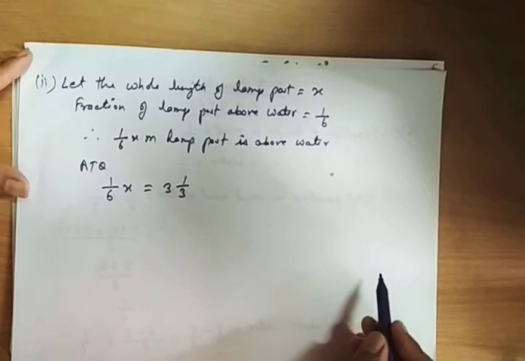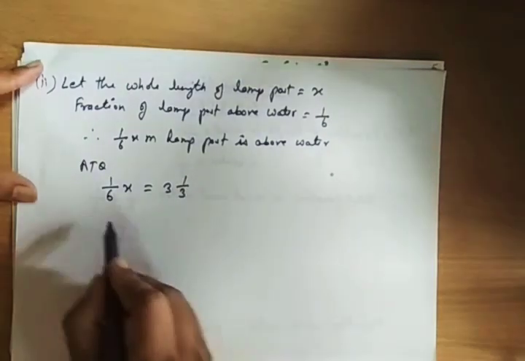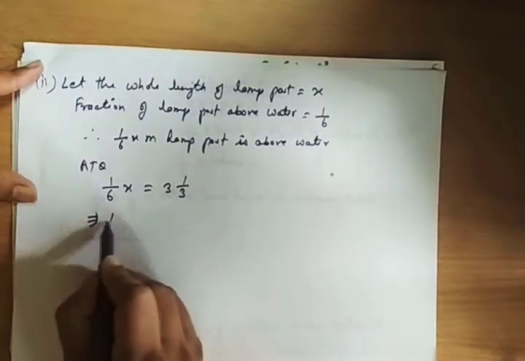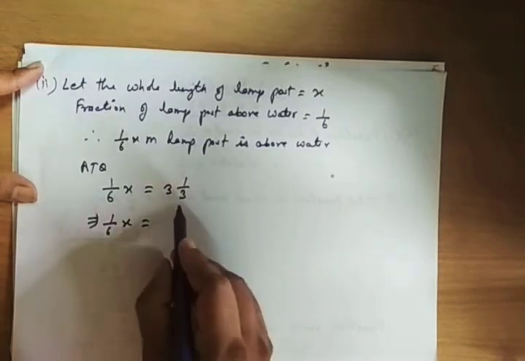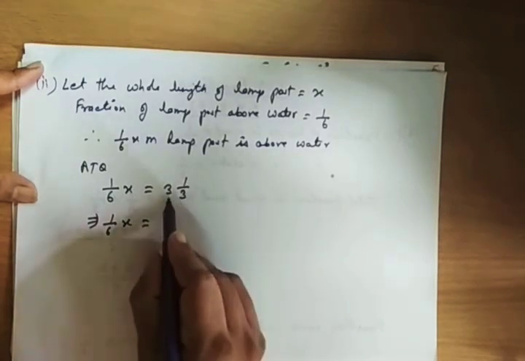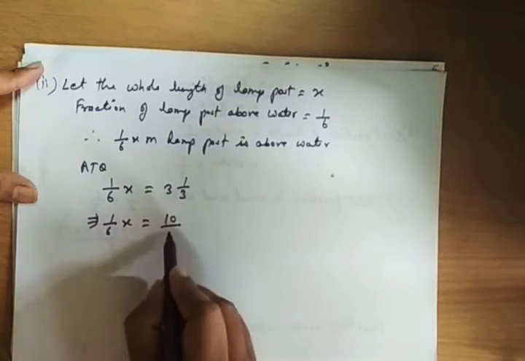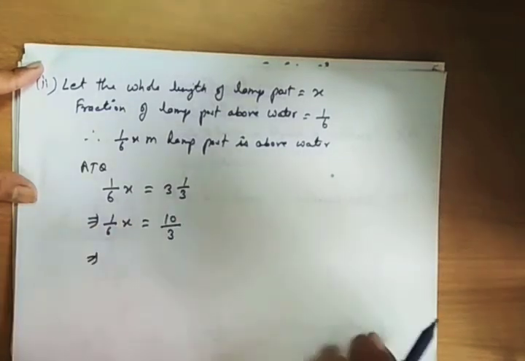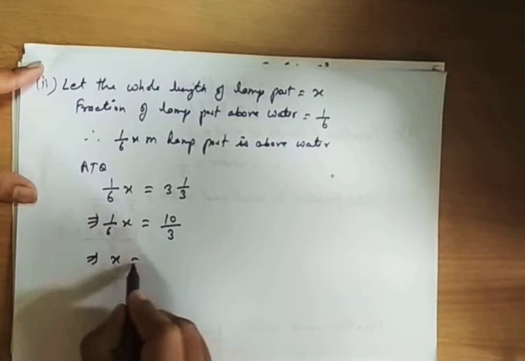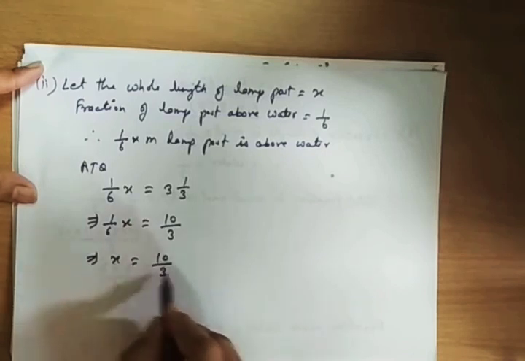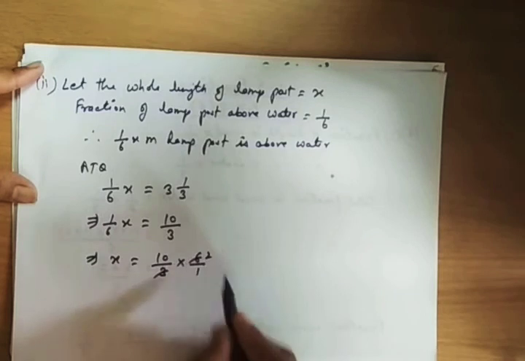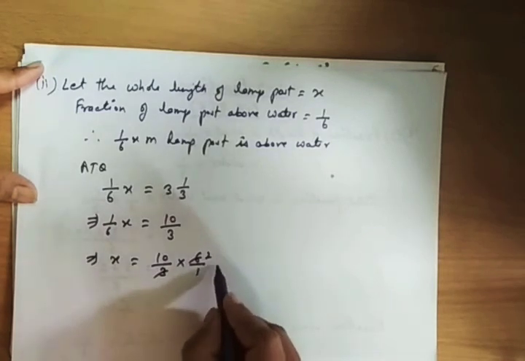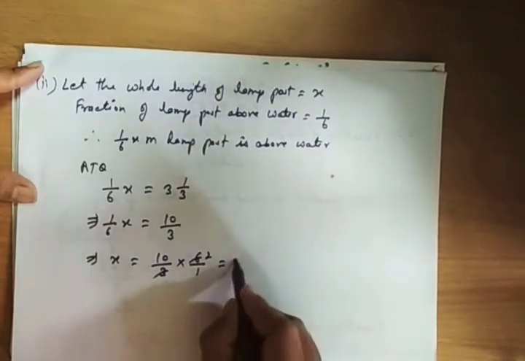Now we will solve this equation and find the value of x. First, I am converting the mixed number into a fraction. 3 3s are 9, 9 plus 1, 10 by 3. Now I will take 1 by 6 to the right hand side, so it will get reciprocated as 6 by 1. 3 and 6 cancel each other, so we get 2. 10 2s are 20.